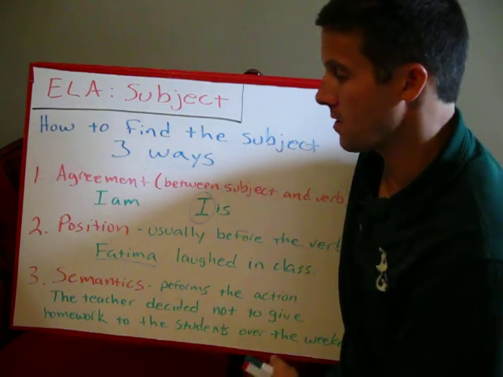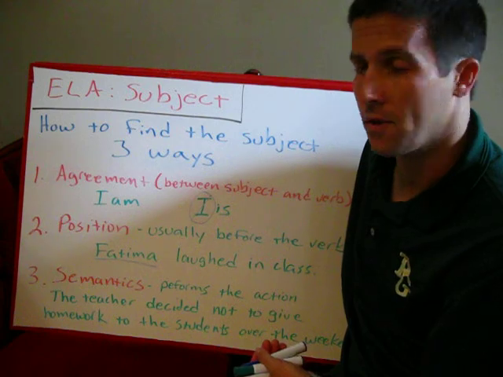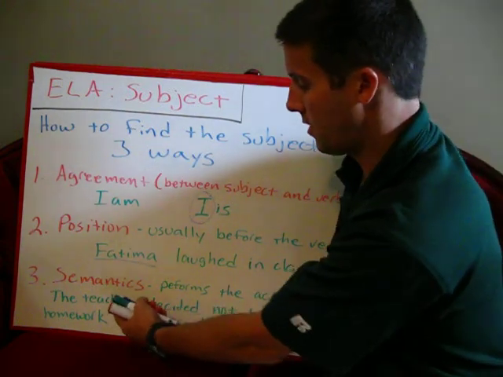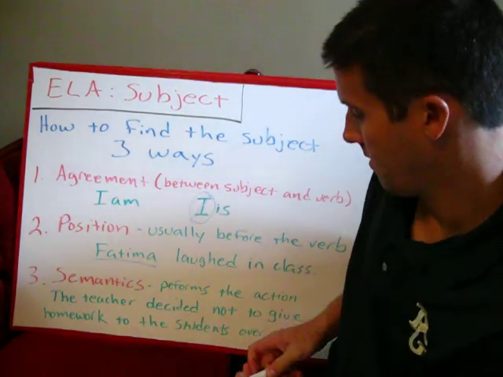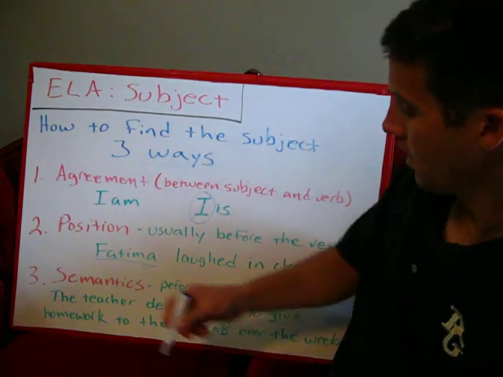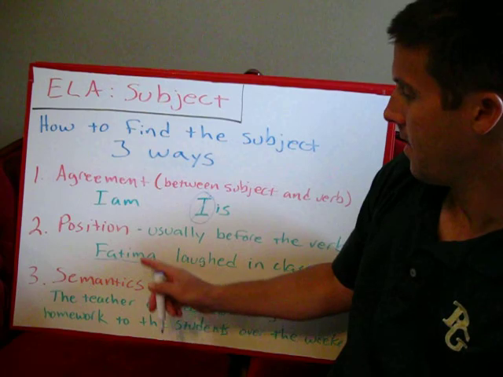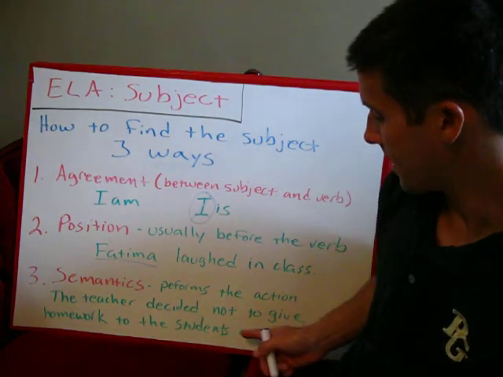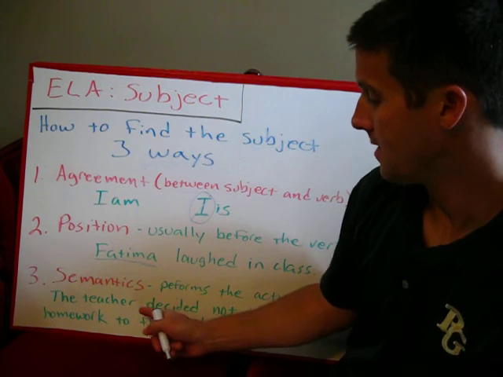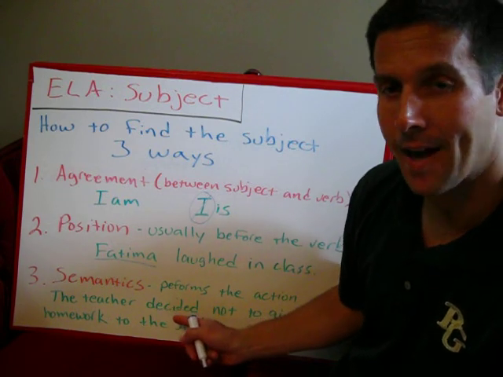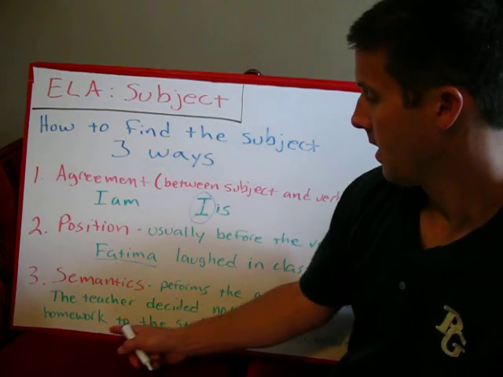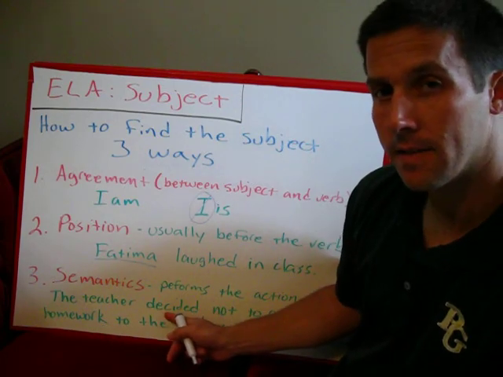Now, this one falls under all three rules. Let's look at it. The teacher decided. That's one teacher decided, which fits. The teacher decided, it's before the verb. But I just need to make sure, is the teacher the one doing the action of decided? Did the homework decide?